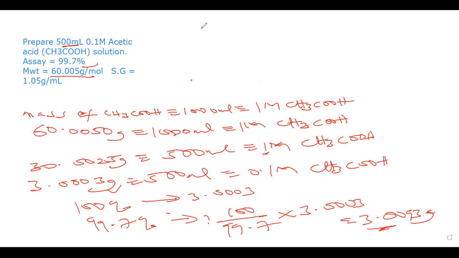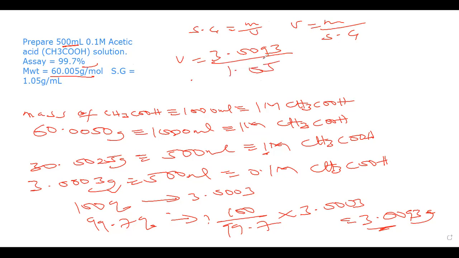The specific gravity is equal to mass over volume, right? So the volume will be equal to mass over specific gravity. And the volume will be equal to, what is the mass? 3.0093 all over the specific gravity, which is 1.05.